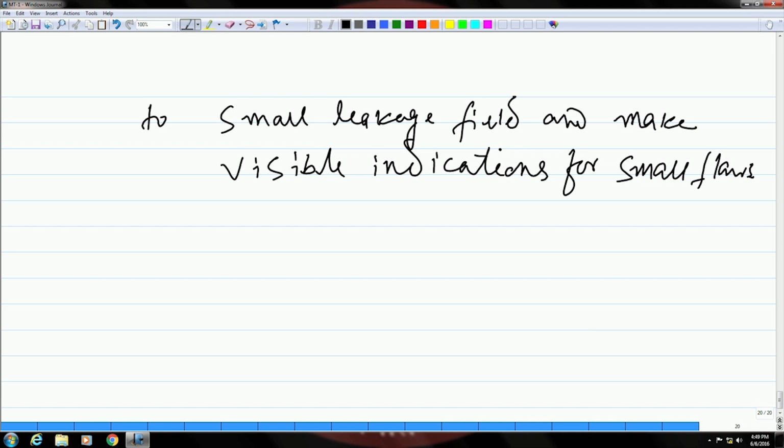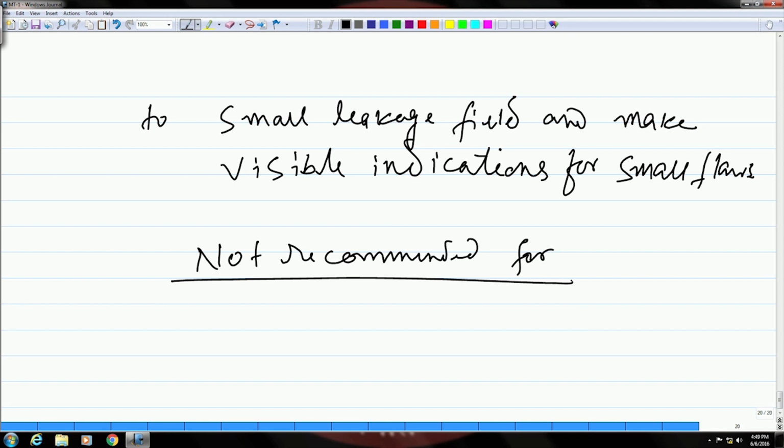But in certain scenarios, wet suspension or wet particles are not recommended. For example, wet suspension is not recommended for a rough surface.